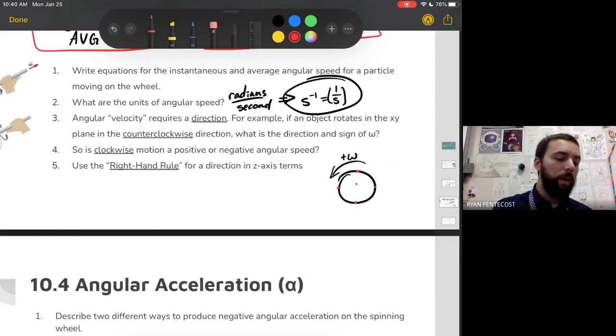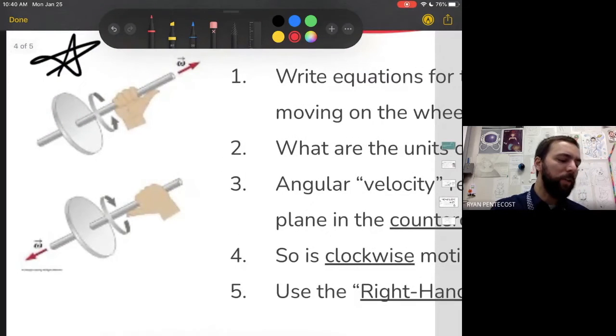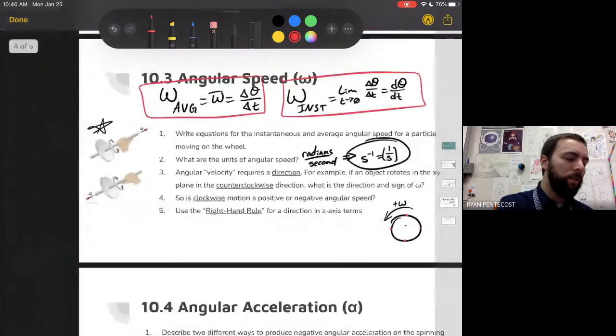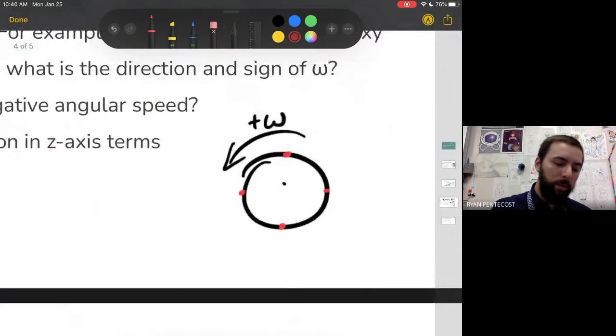So interesting for angular velocity is that the direction is actually along the axis of rotation, or in the direction of the axis of rotation. It's not actually anywhere on the disk at all. So that can be confusing. But that's how you can get around the fact that this point right here, technically moving, if we go by conventional xy direction, that is negative x, right?